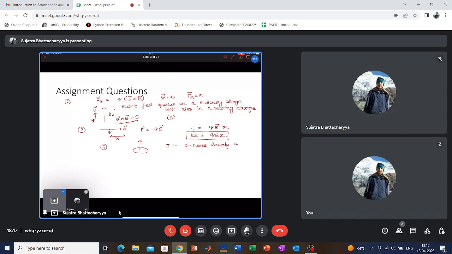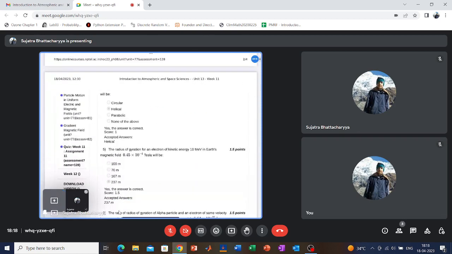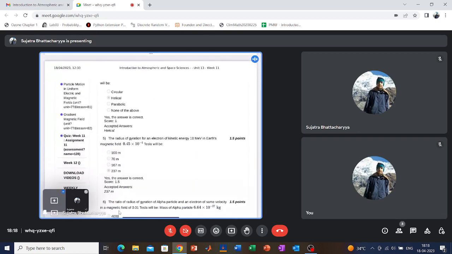In x and y it is circular motion, so the resultant is a helical movement. So B is the correct option, helical.